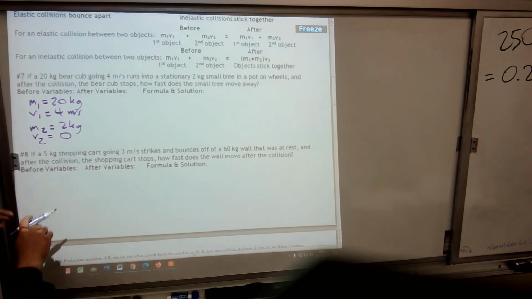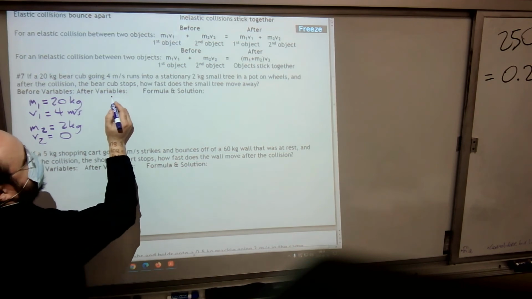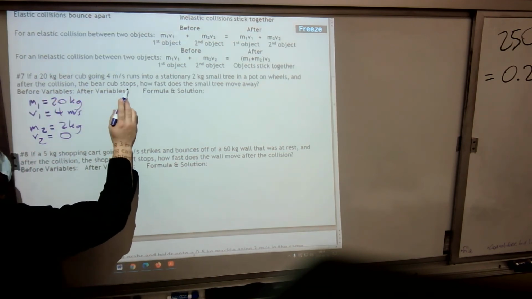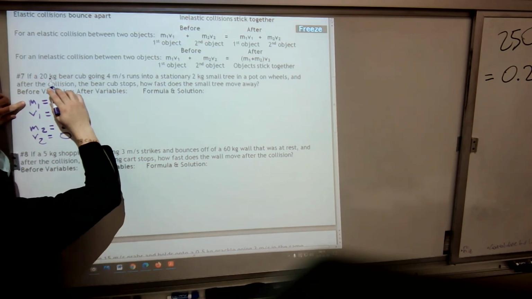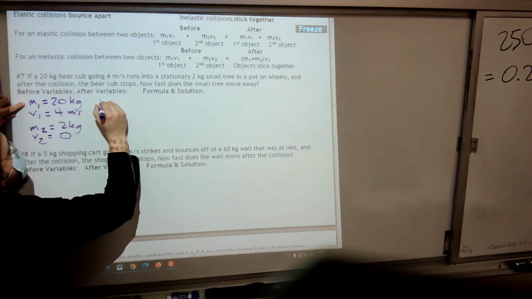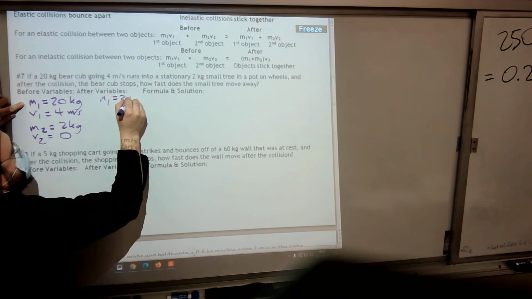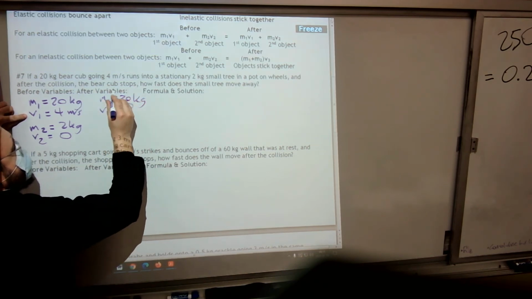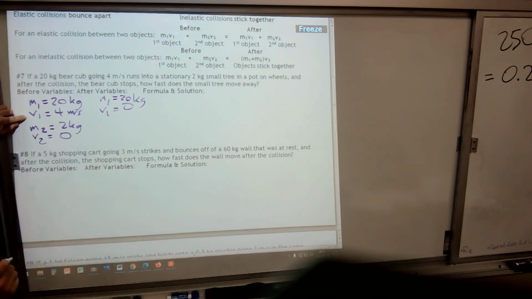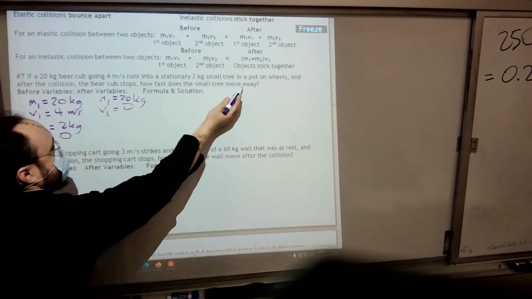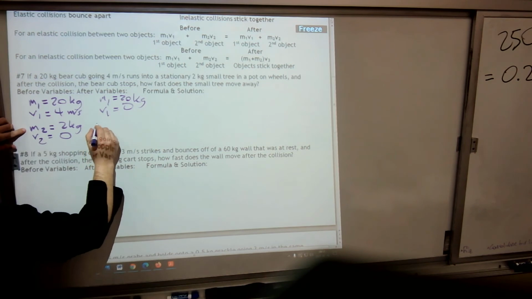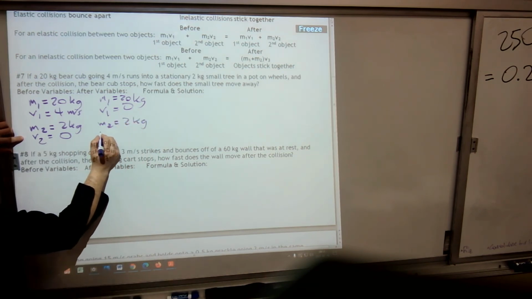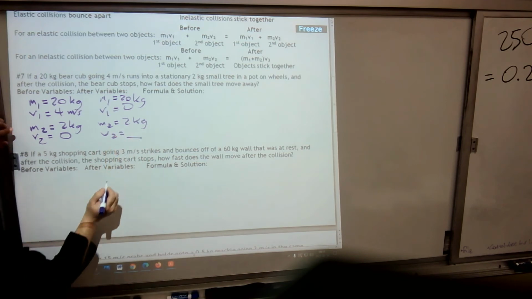After the collision, the bear cub stops. So M1 is still 20, and V1 is 0 after the collision. Then how fast does this small tree move away? Afterward, M2 is still 2 kilograms, and we're looking for what V2 is going to be.